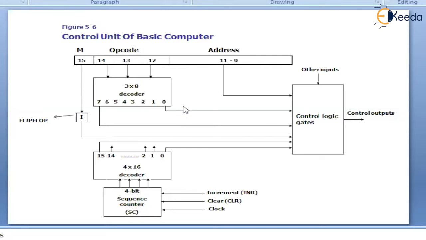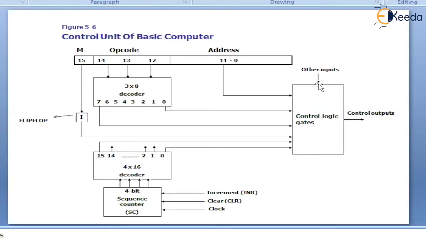When one of the outputs of the decoder has been enabled, the corresponding operation is going to be executed in the CPU, which is controlled by the control unit. For example, D0 is enabled. As D0 gets enabled, the control unit is going to execute the required routine which performs the AND operation between the accumulator and the data register.